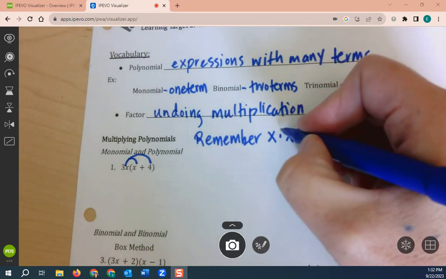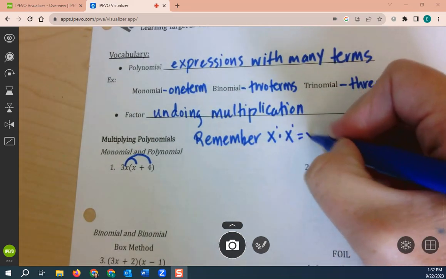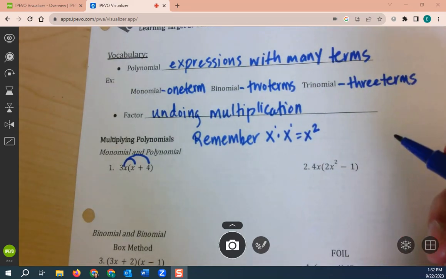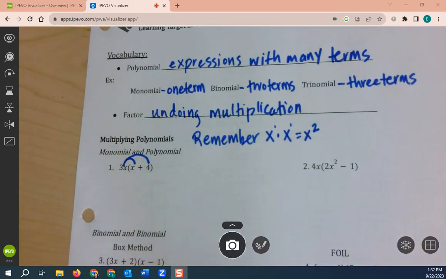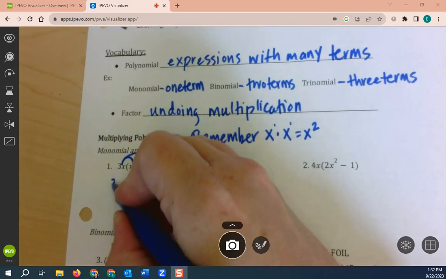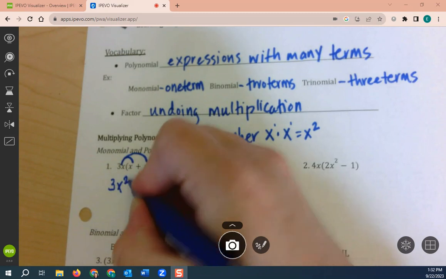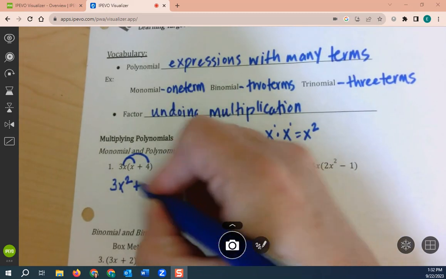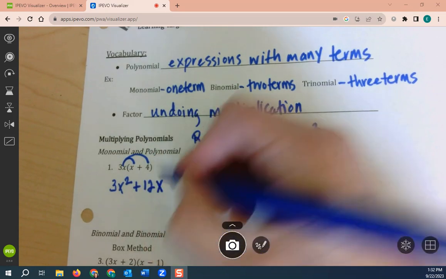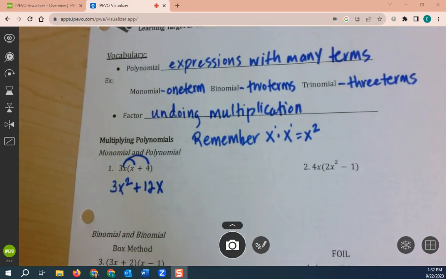So x times x is x squared. If I do 3x times x, I get 3x squared. And then 3x times 4, I just multiply the 3 and the 4, and I still have this x, so I have 3x squared plus 12x.